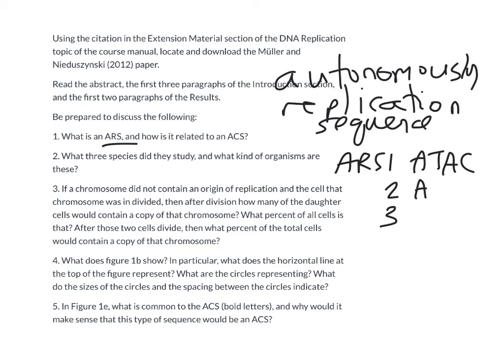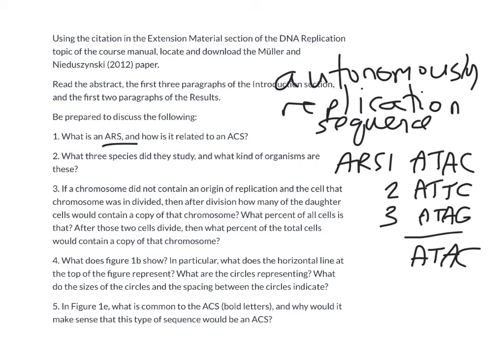ACS is the ARS consensus sequence. Take all of the ARS sequences, you line them up, and let's say one's ATAC, one's ATTC, one's ATAG, you get the consensus sequence ATAC. For example, that's not the actual ARS sequence.